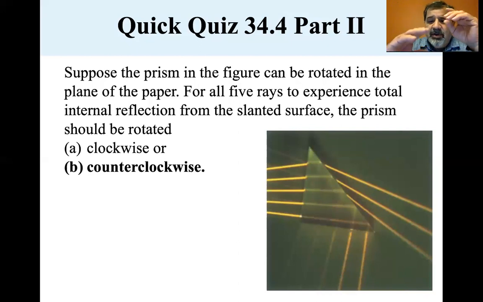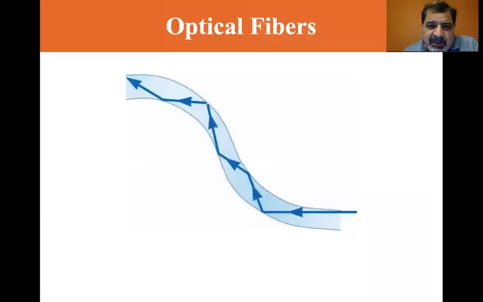As you turn that, the angle will be greater, and the counterclockwise rotation of the prism will cause the rays to strike the slanted side of the prism at a larger angle. When the 5 rays strike at an angle larger than the critical angle, they all undergo internal reflection.